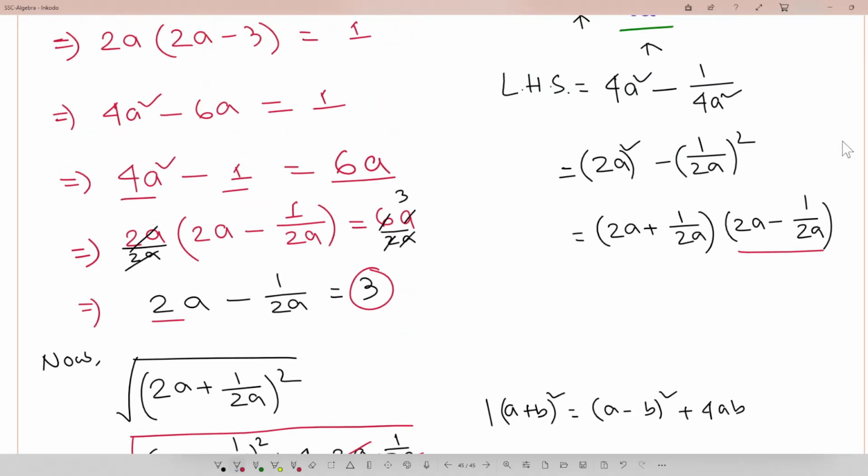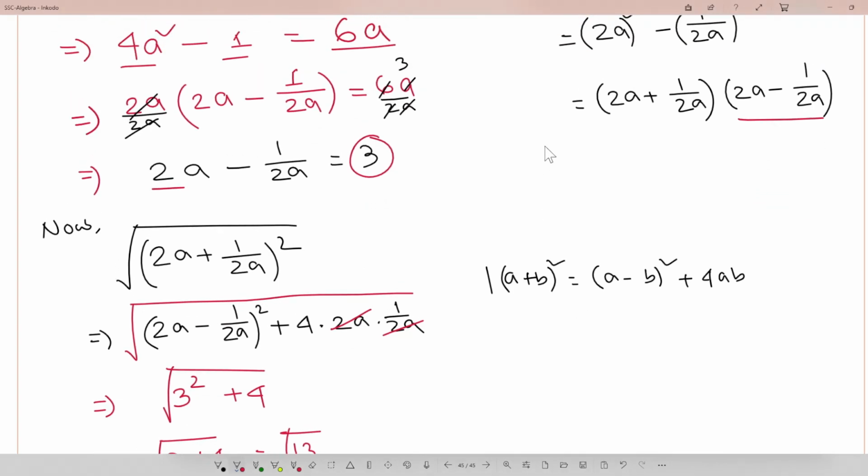Why? Because our target is to find out 2a plus 1 by 2a times 2a minus 1 by 2a. So we already get both values. It means 2a plus 1 by 2a will be root 13 times 2a minus 1 by 2a, it will be 3.